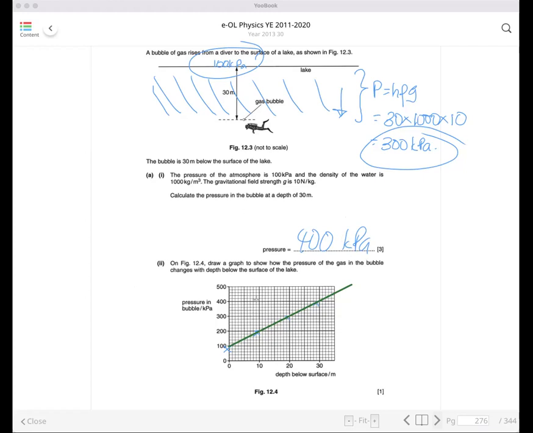Imagine you go down 1 kilometer deep, you'll be crushed by the water. Is that clear? Can you imagine how much pressure is acting on you at just 1 kilometer into the sea? The sea can be as deep as 7-8 kilometers in the deepest part of the ocean on Earth. Is it amazing?